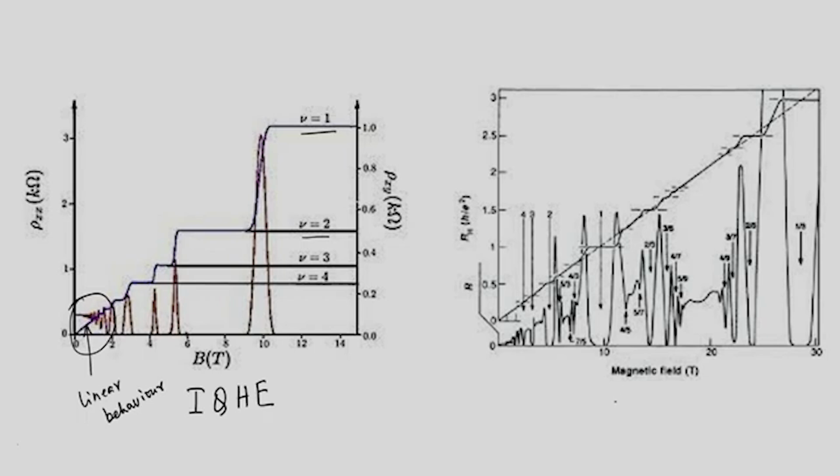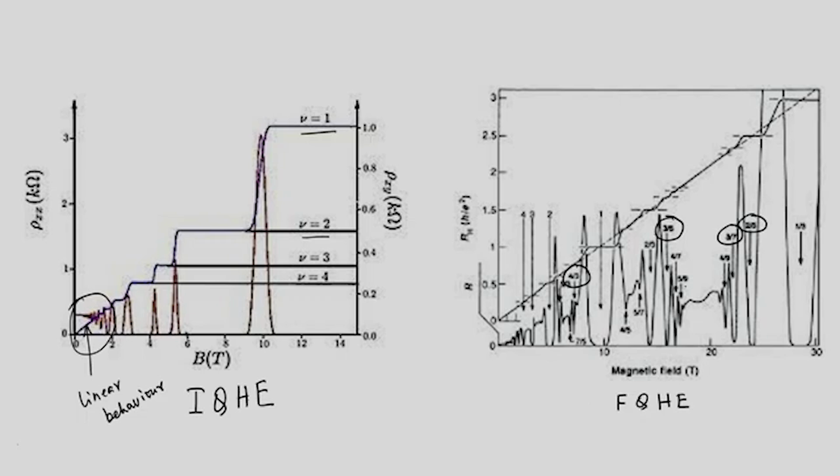Almost soon afterwards, people found the FQHE, in which fractional plateaus are seen. I completely agree that these are not clear fractions, but one can actually see a fraction at 3/5, there is one at 3/7, there is one at 2/3, and there is one at 4/3, and so on.